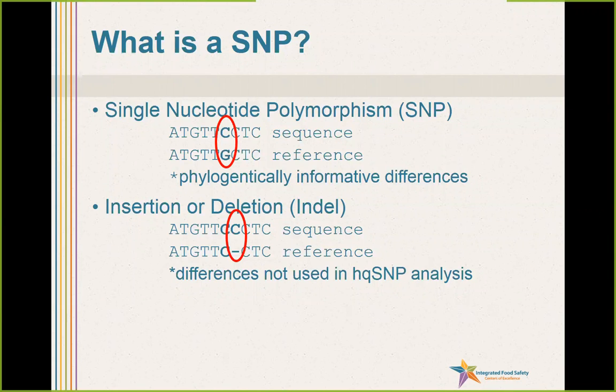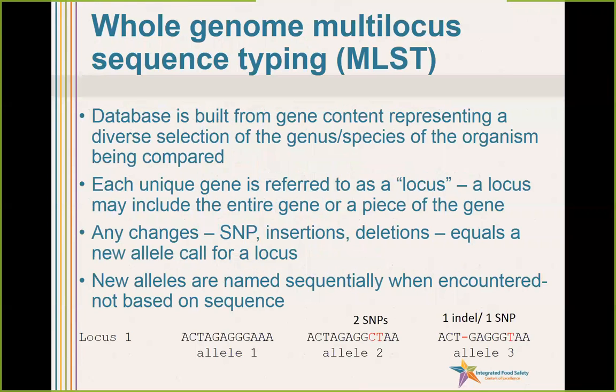For analyses that look at high quality SNPs, indels are not taken into consideration. And this is an important point because there are 2 different analyses that can occur. One is SNP, and now I'm going to talk a little bit about whole genome multi-locus sequence typing, or MLST.